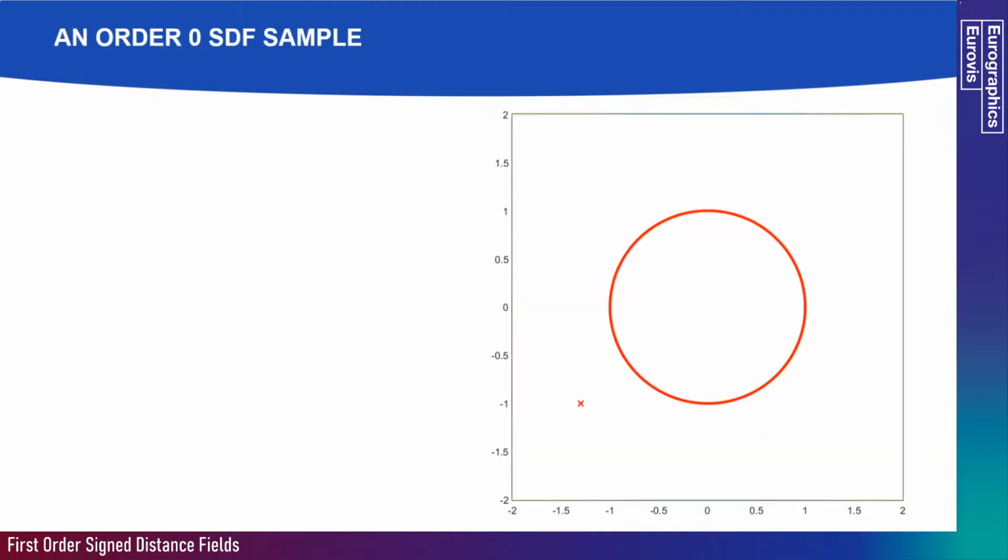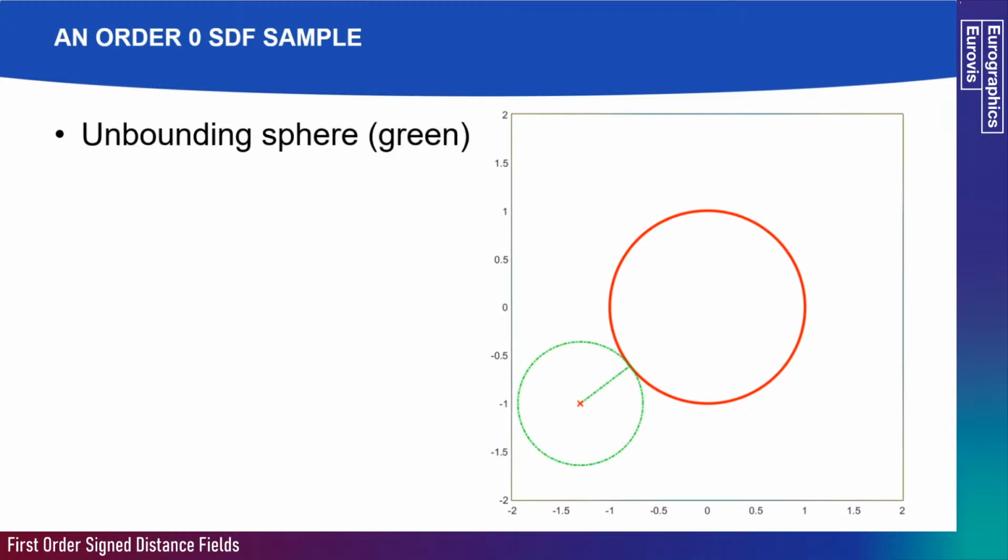Now let's take a look at a single signed distance field sample denoted by the red X on the figure. Geometrically, the stored value can be represented as an unbounding sphere centered at the sample position. This sphere touches the boundary of the shape, but none of its inner points intersect the geometry.